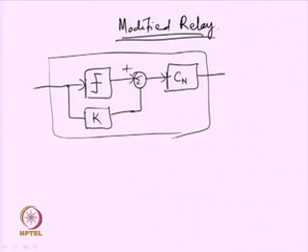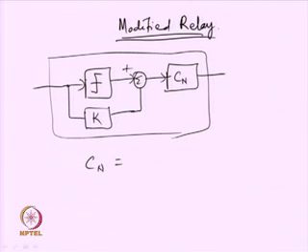Why are we injecting so many elements along with the conventional relay? What are the benefits we are going to get from this arrangement? That will be apparent when I put the modified relay in the TITO decentralized control system. Now, this Cn can assume the form of a PI or PID controller.